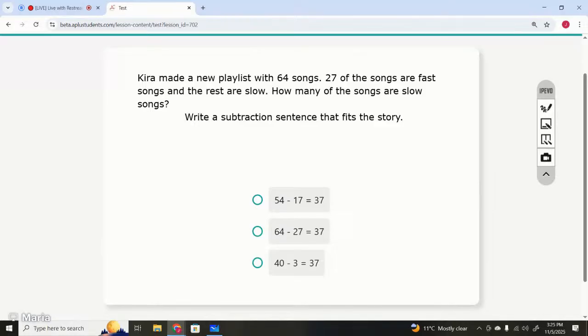Kira made a new playlist with 64 songs. 27 of the songs are fast songs and the rest are slow. How many of the songs are slow songs? So 64 minus 27 equals 37.